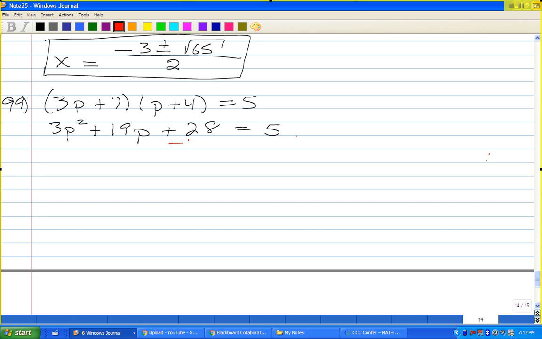Subtract 28 from both sides of your equation. So you get 3p squared plus 19p is equal to negative 23. Let me complete the square.